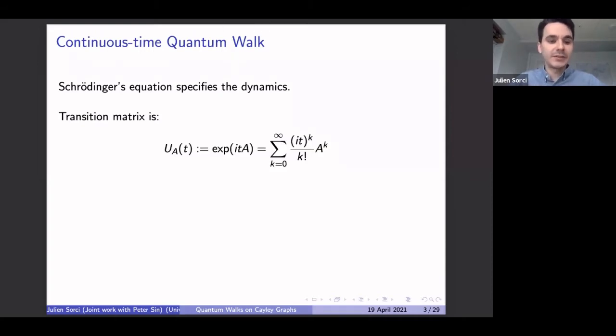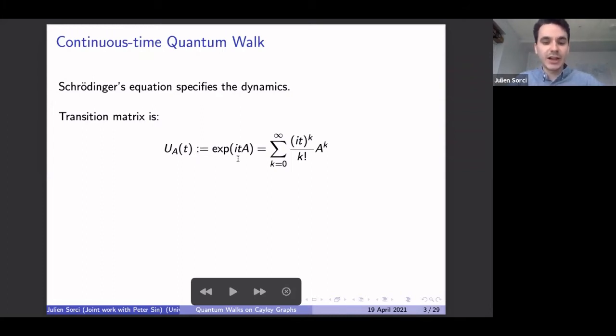The solution gives us the transition matrix for the walk. If our graph has adjacency matrix A, then the transition matrix for the walk is the exponential of itA, which we'll denote by U_A(t). Here t is a time parameter, and this matrix exponential tells us how our quantum state evolves over time.